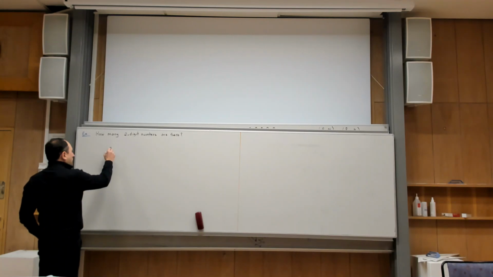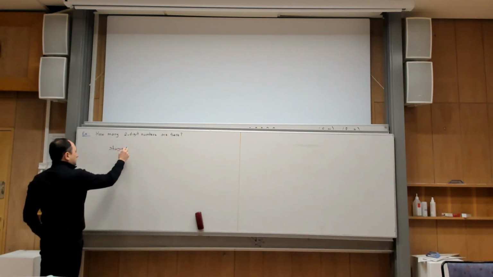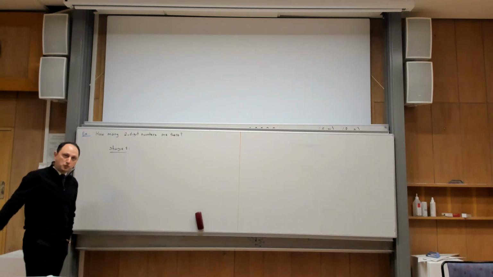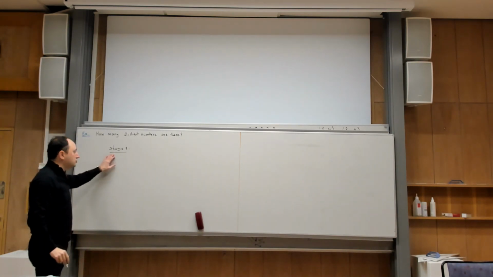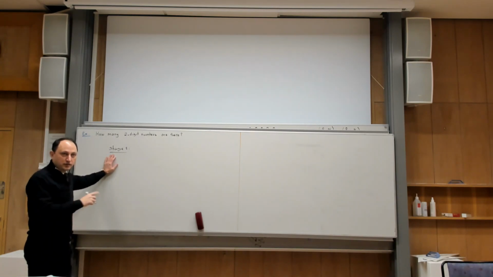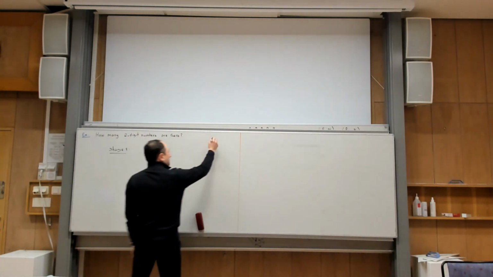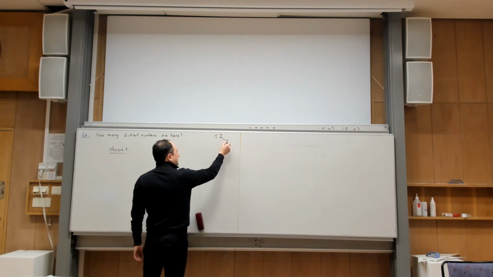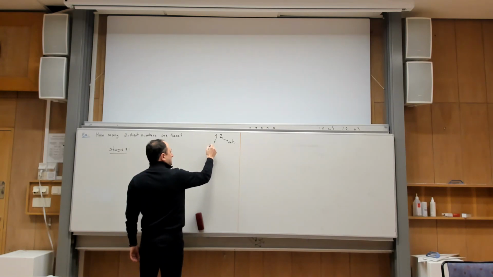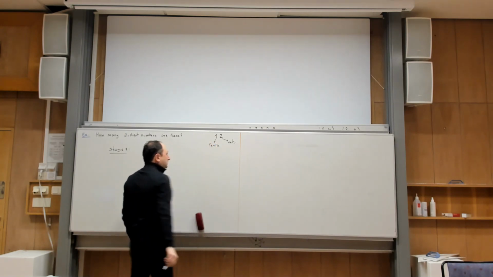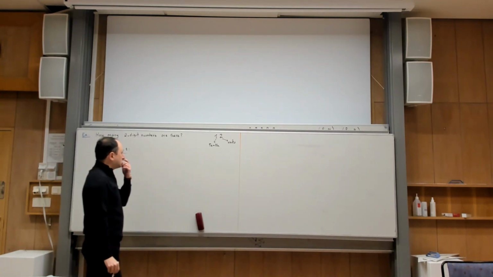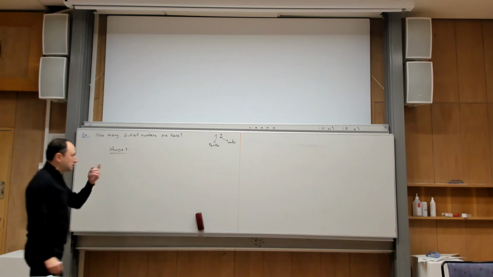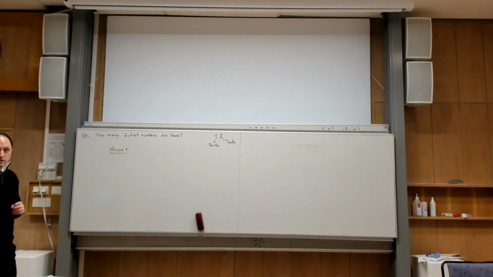Stage 1. Think in this way. What is stage 1? Usually we write numbers from left to right, so I can say that stage 1 is choosing the tens digit of that number. If you write a number, for example 12, this is called the units digit and this is called the tens digit.